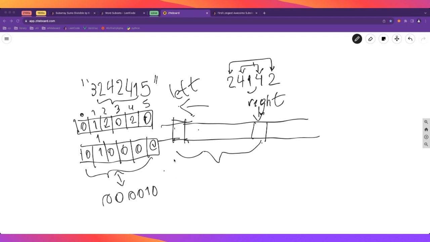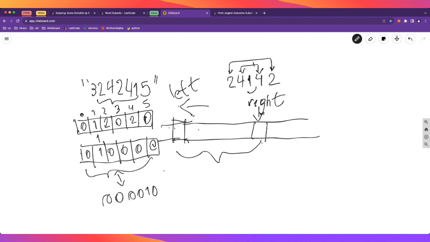We could compute this number for the prefix from the beginning to right, and then from the beginning to the element before left. If we cancel out the common prefix between those two, then we're going to have the counts for the range.